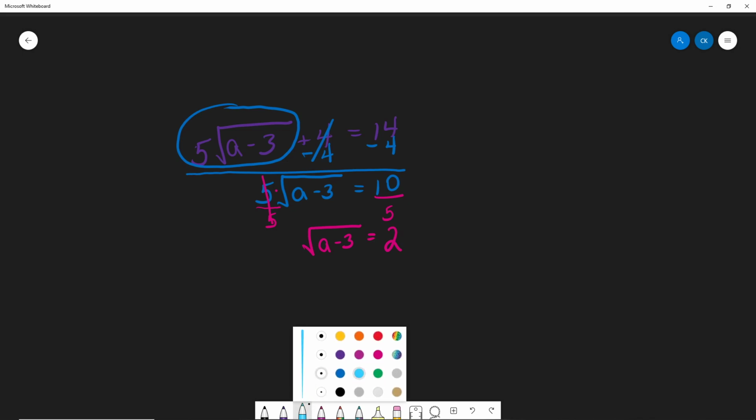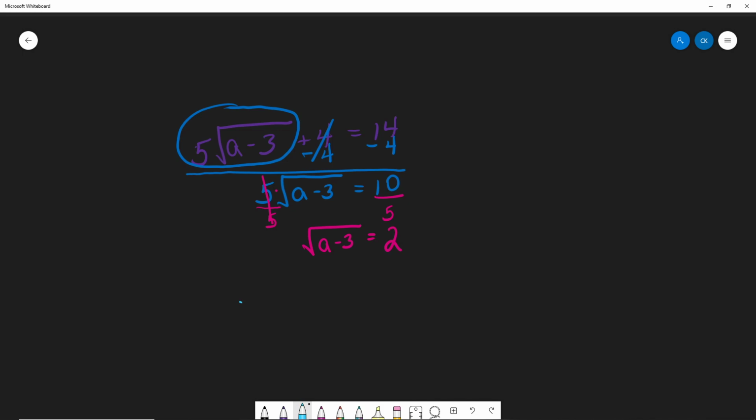Well, now what I can do is I can move on to step 2 here, which then said both sides, take them and square them. We want to square both sides because now when I square the square root and the square cancel each other out, and I am left with only what's underneath the radical.